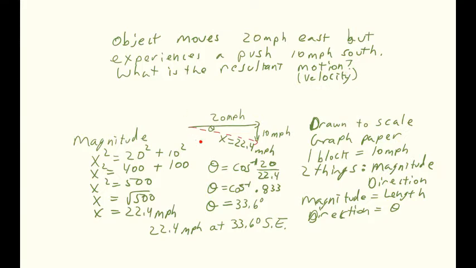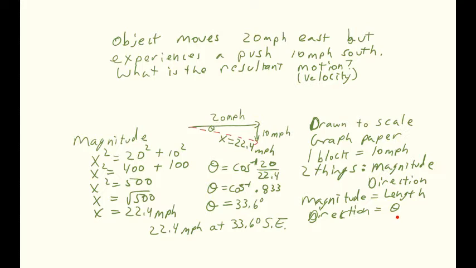First I draw the picture here: 20 miles per hour east, 10 miles per hour south. I want to draw that to scale, usually using graph paper. For example, you would just say one block is 10 miles per hour. Now your answer has two parts: magnitude and direction. Magnitude, think of it as the length of the line.